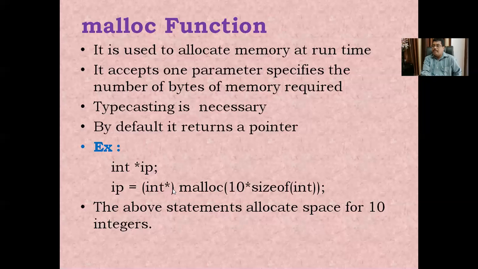Finally, whatever number we get should be typecast with int star. This allocates 10 integer memory locations, and the starting address will be stored in the IP variable.